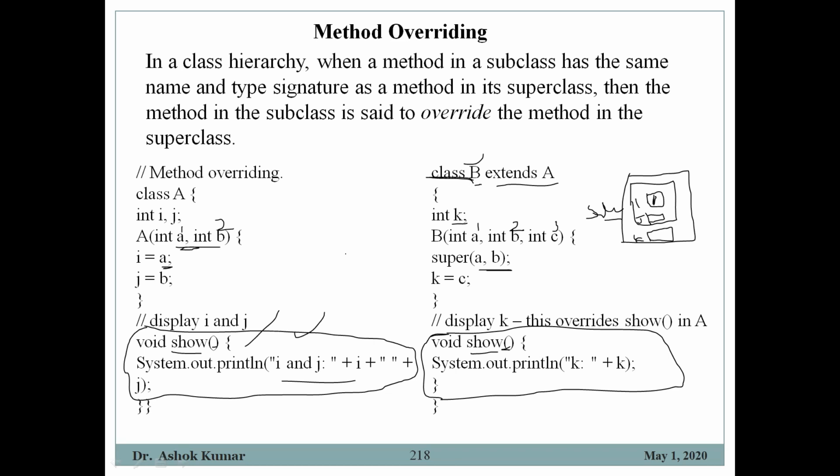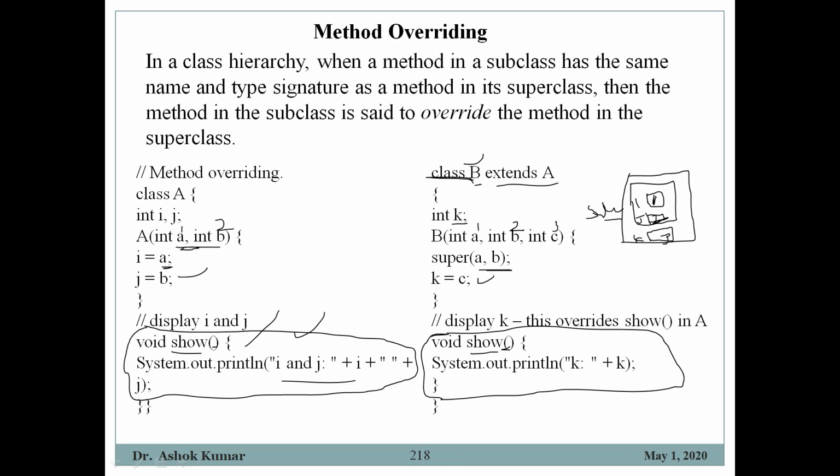The value of b will be assigned to the variable j through the next line, so this instance variable gets the value. After the completion of this, the control will go to the next line. You are assigning this c value to k, so this will get 3.